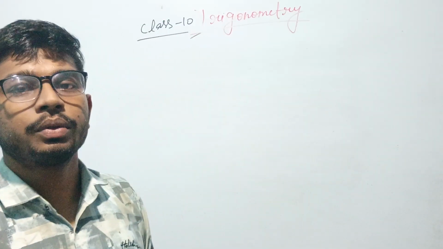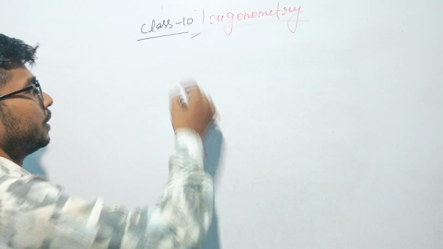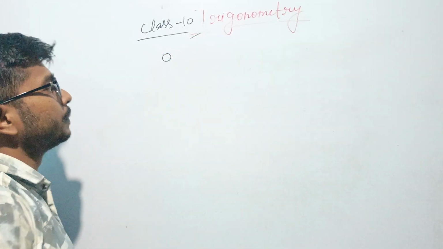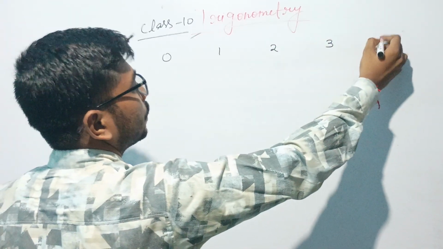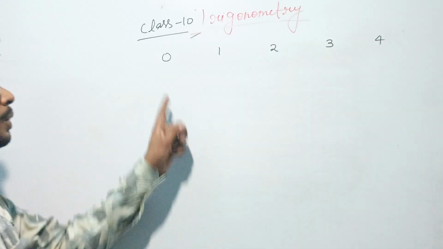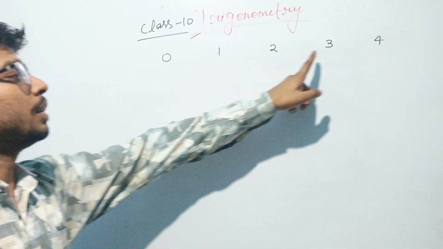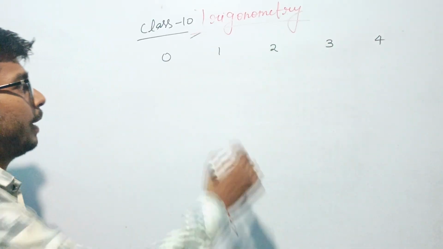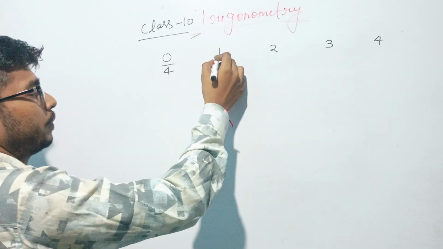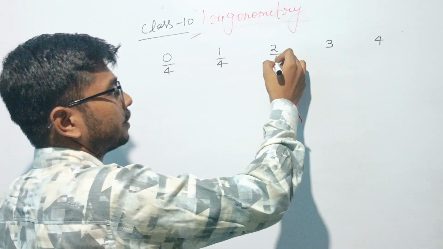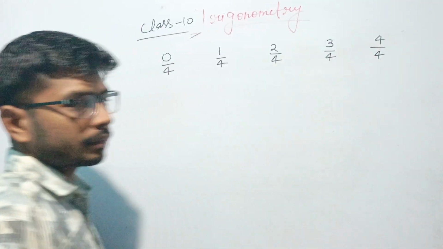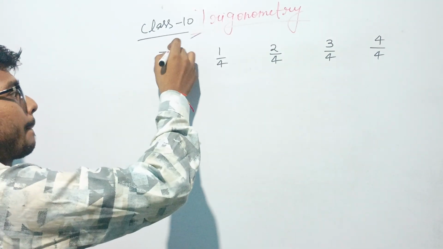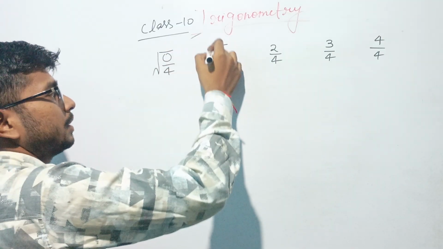So how to make the chart? Write 0, 1, 2, 3, 4, and divide by 4. Then take the square root.